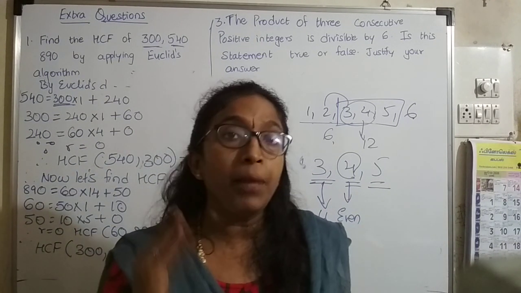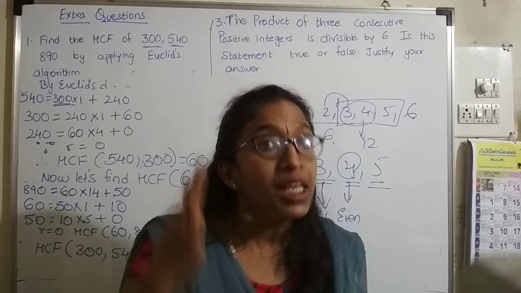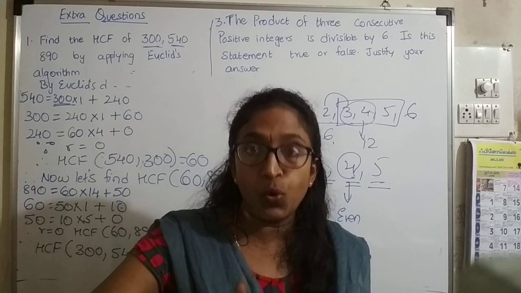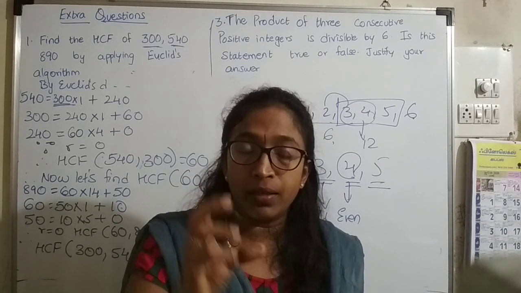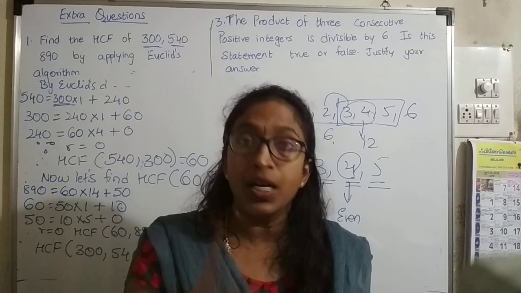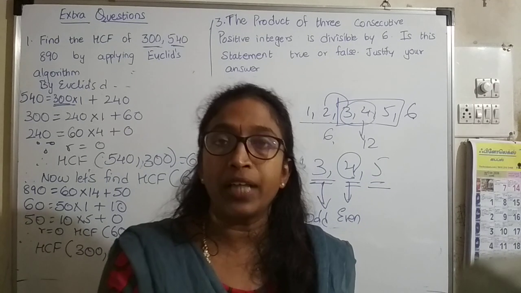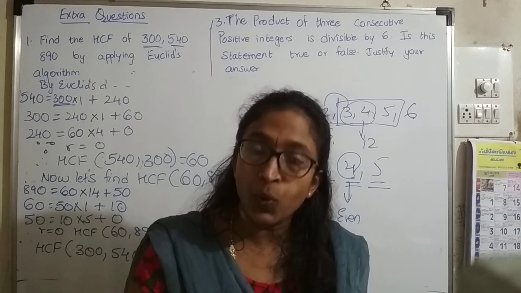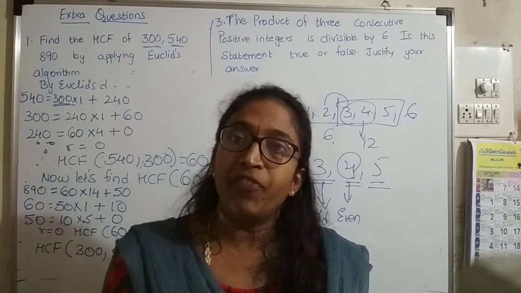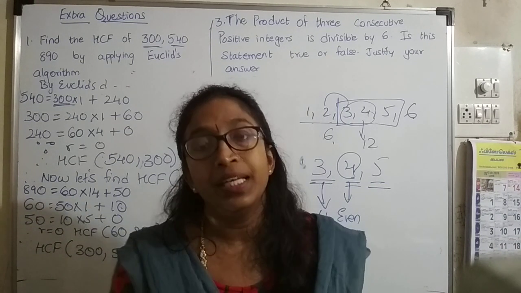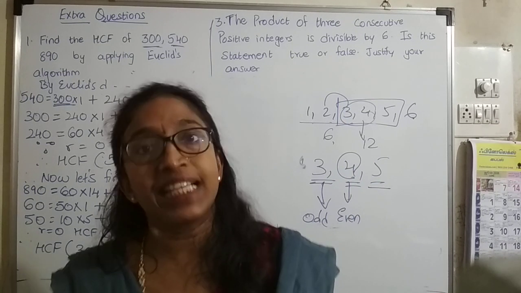When the divisor is 3, we have 3 possible remainders: 0, 1, 2. So when you take a set of 3 consecutive integers, one number will definitely be divisible by 2, and one number will definitely be divisible by 3. And when you take the product of 2 and 3, it will be divisible by 6 also.